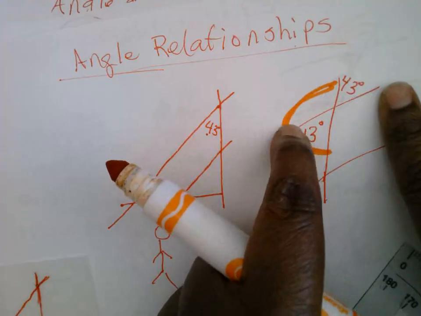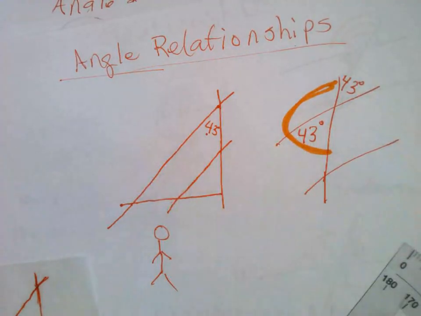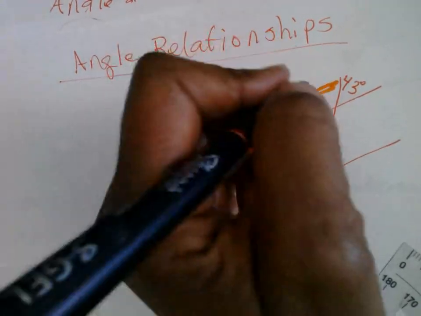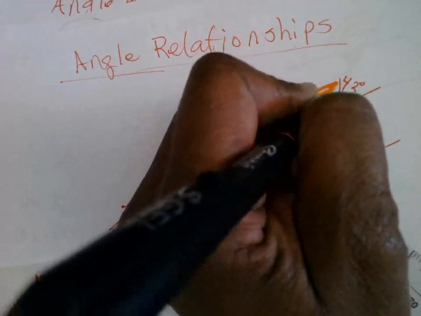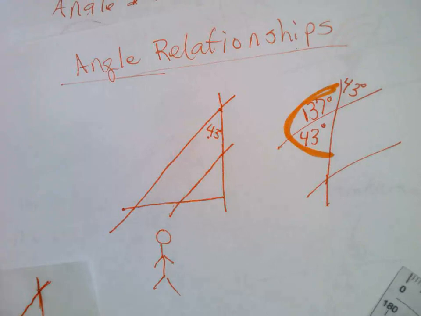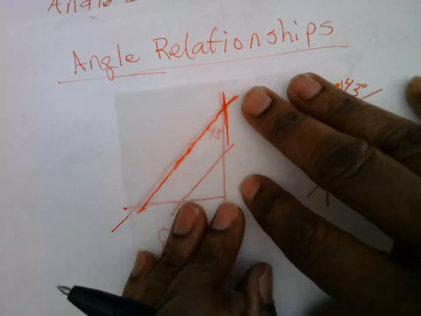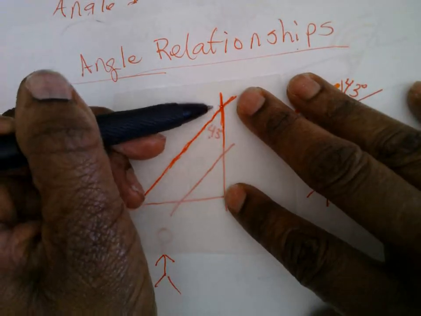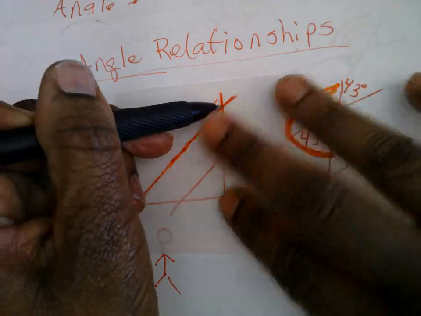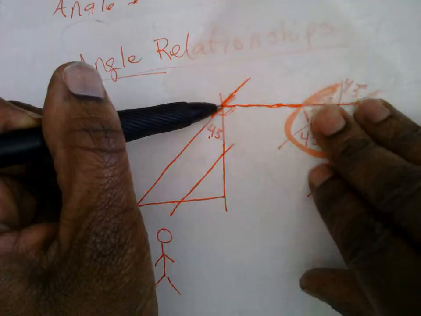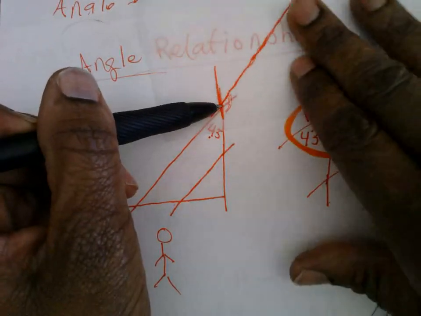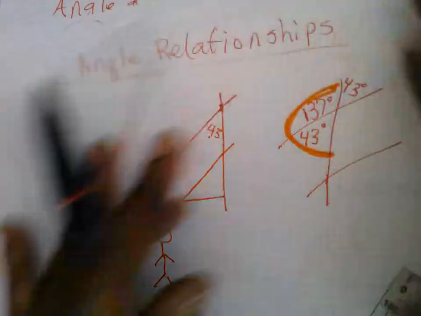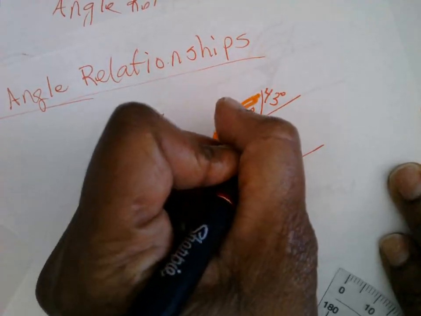How much is left over? 137 degrees. So, if this one is 137 right here, we can rotate it around, and that vertical angle will also be 137. So 137 right here.